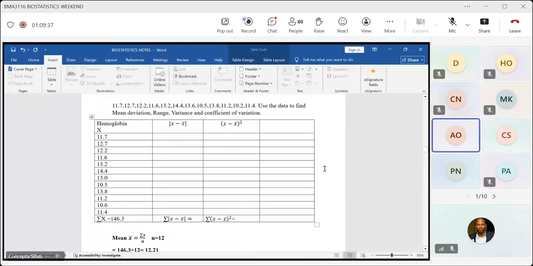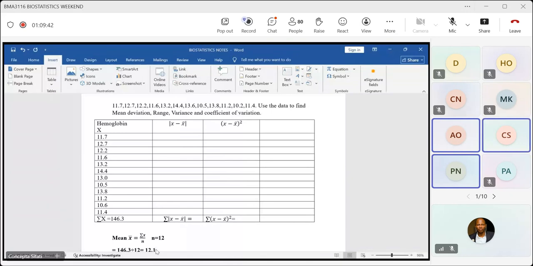The mean was 12.19. You are right to say that we go with the same, because when it comes to calculating deviations, we will all have different values. Let's make it 12.19.